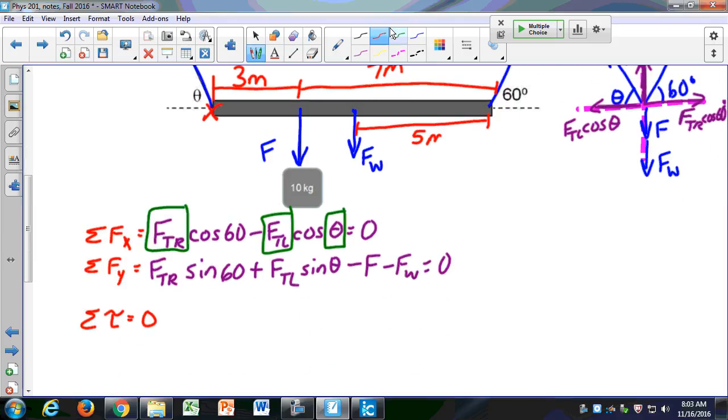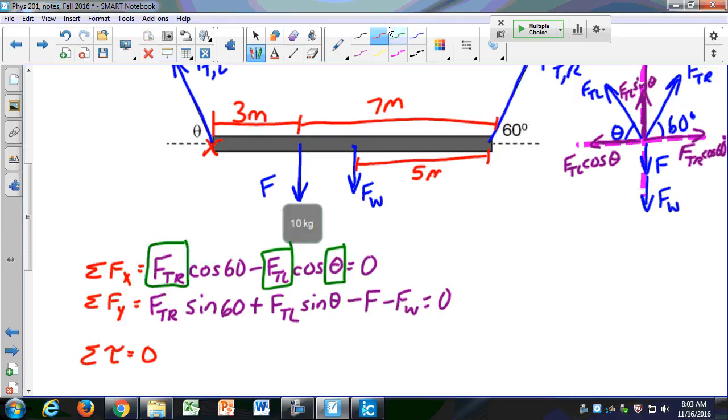I can say that the sum of the torques equals 0, with our axis of rotation on the left end. Then I do just like we've been doing. The torque due to this one is negative, this torque is also negative, and this torque is positive, because they're clockwise, clockwise, counterclockwise.